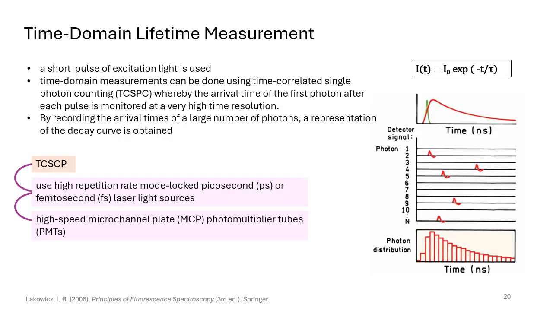For the time domain measurement, the width of the pulse is made as short as possible. It should be much shorter than the lifetime of the fluorophore. So the time dependent intensity is measured, and the decay time tau is then calculated from the slope of a plot like this, which is a log I versus time plot.